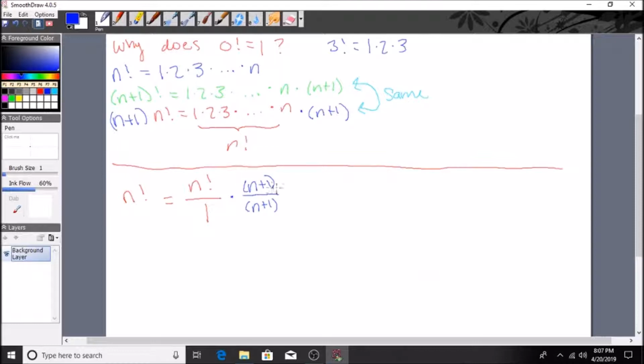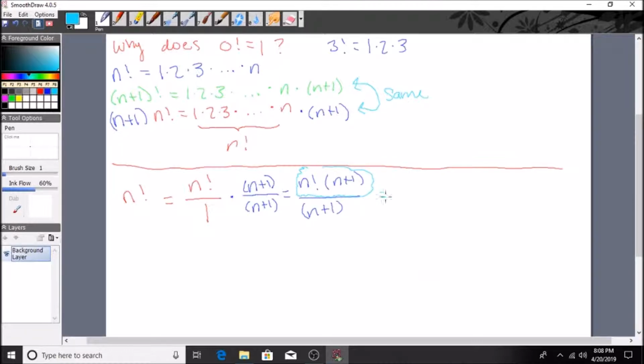You probably see where I'm going with this now, but if I combine these together, because it's fraction multiplication, I can write it as n plus 1 times n factorial, or n factorial times n plus 1, all over n plus 1. And then, like we said before, this top part is the same as n factorial times n plus 1.